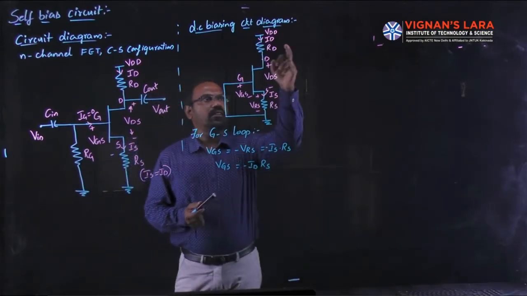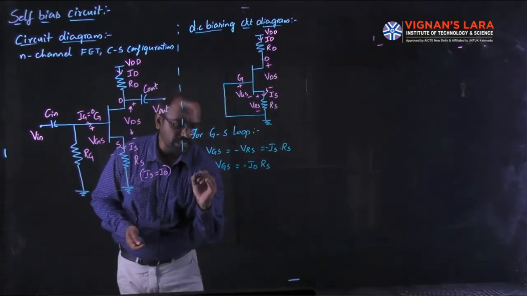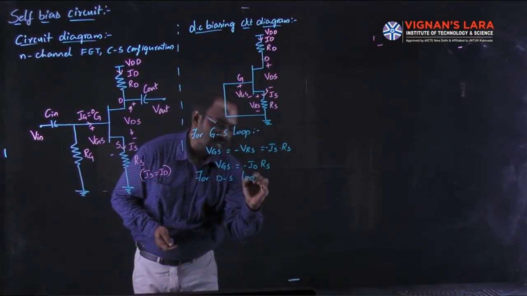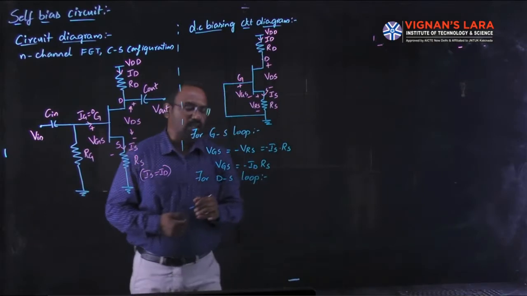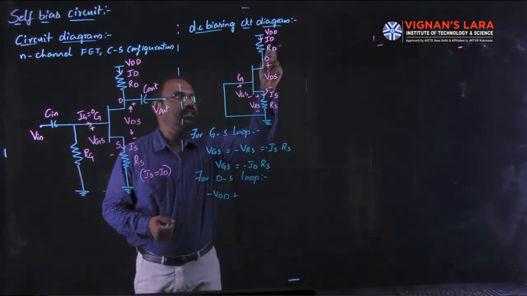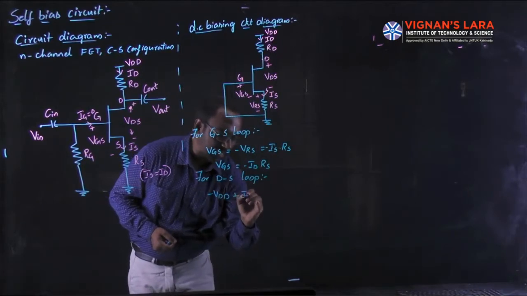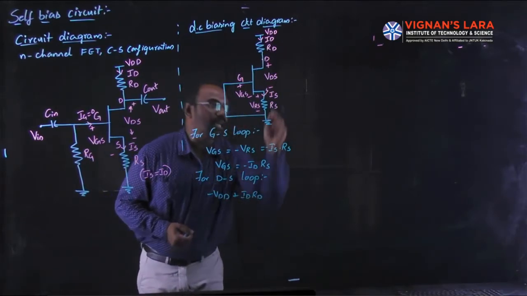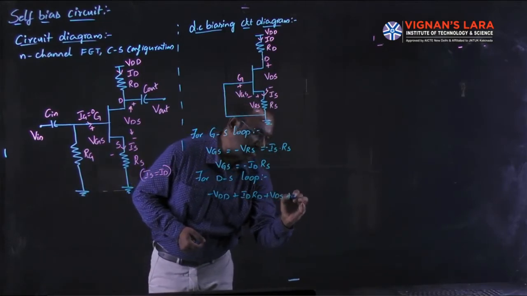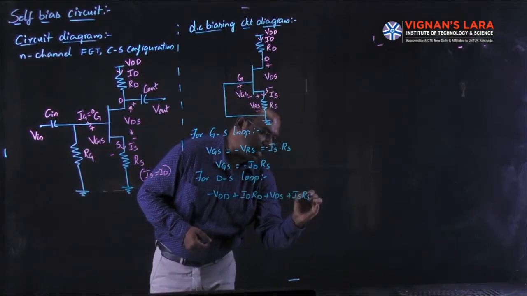Now similarly for drain to source loop, write the KVL. For drain to source loop, apply the KVL. We are going to get minus VDD plus this voltage drop IDRD plus this VDS drop plus IS into RS is equal to 0.